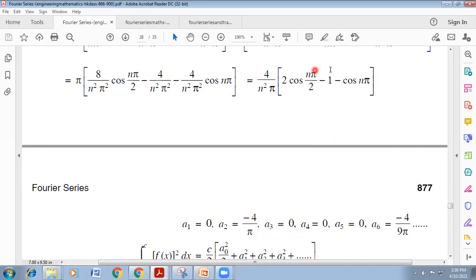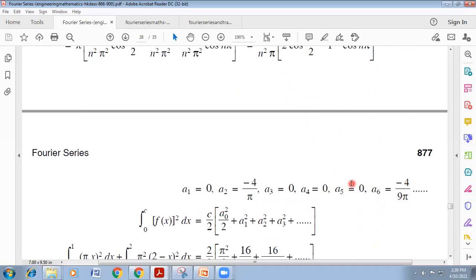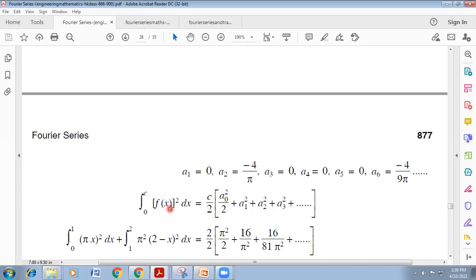And a4 also 0, a5 also 0. Just try to calculate using a calculator. For n equals 6, you get another number, minus 4 by 5n. So this series can be written as the integral of f of x whole squared from Parseval's identity.